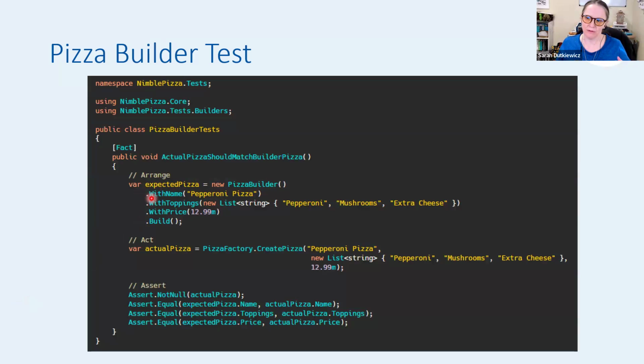You only want the withs that you need. So I'll do a with default values and then maybe one customization, and we can take a look at what that looks like. So it's the builder calling the default constructor, then the chain of withs, and then finally at the end you have the build. That build is what gives you the instance of the object with all of your customizations.